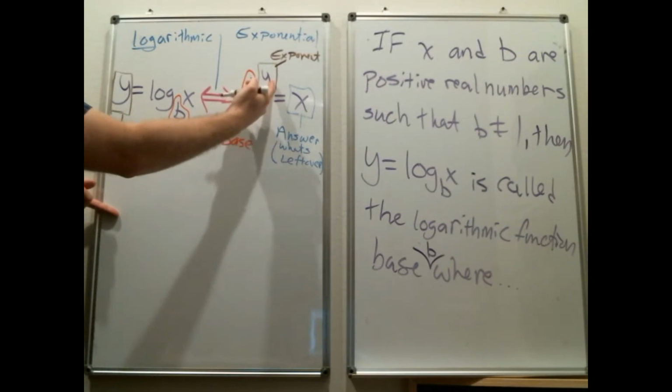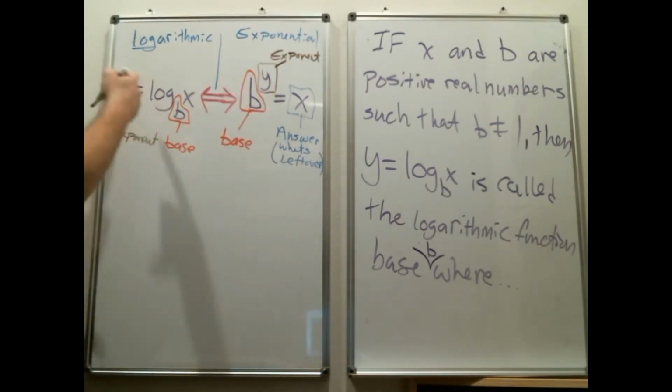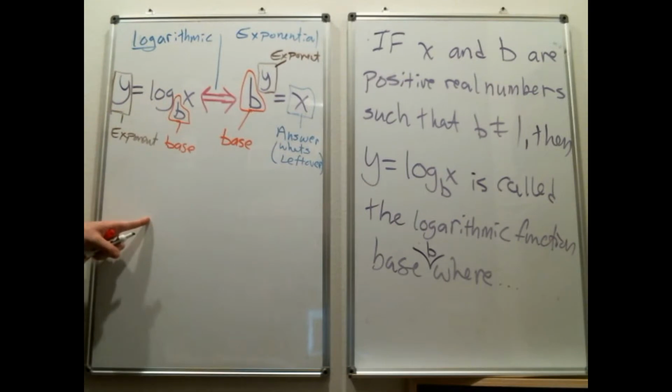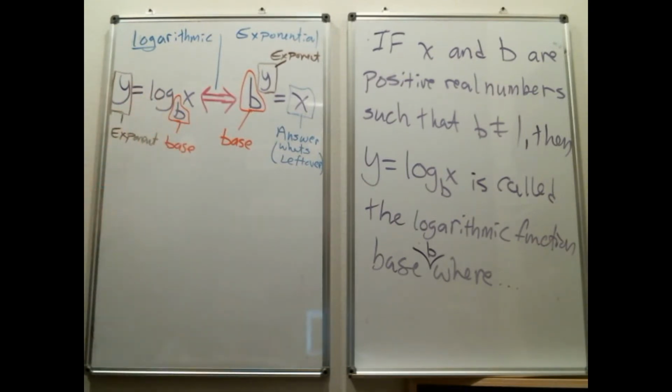So whatever number or value or variable you have in the exponent, that's what goes over here. And then what's left over is this x. So whatever's left over is what goes there. And that log is part of the formula, if you will, of converting from exponential to logarithmic. So it gets added in there.